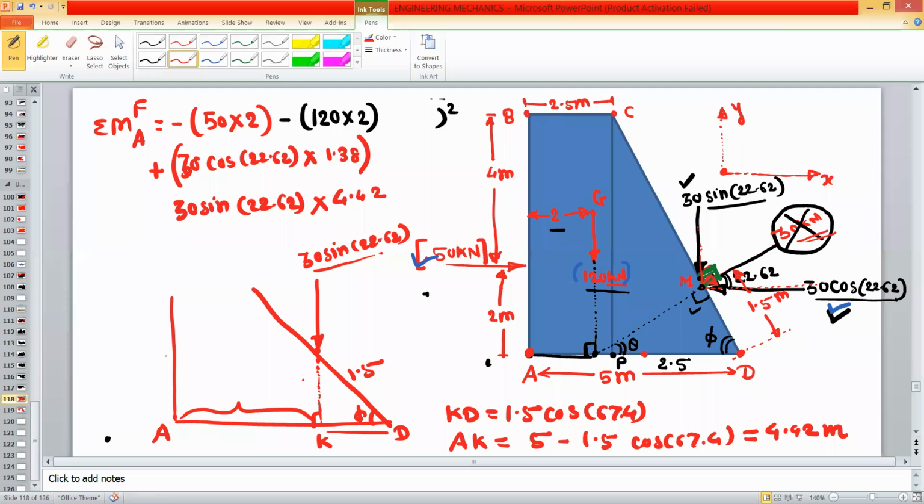Now just decide the direction of the moment. This force is acting at this point, so it will try to rotate the system in the clockwise direction about the point A. So the complete moment will be negative. This is the complete summation of moments by all the forces about the point A: by 50, by 120, and by this 30 kilonewton. So calculate this complete value.